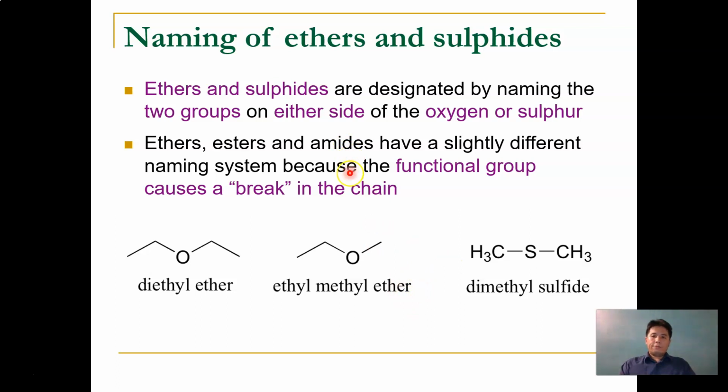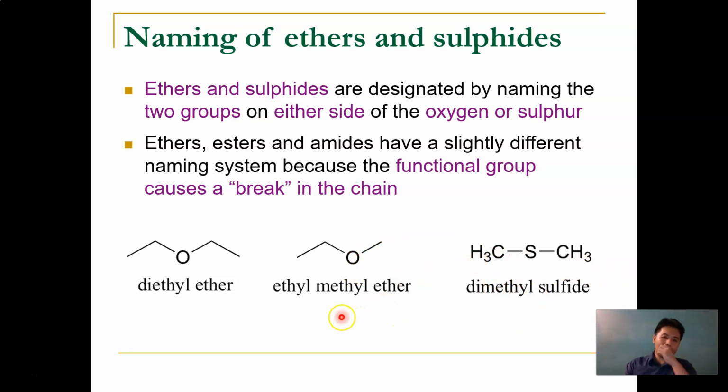Okay, ethers and sulfides. These two functional groups have a break in the chain. So the important thing to note is that you name the groups on either side of the chain. So this is an ethyl, this is an ethyl. So that means this one is diethyl ether, this one is ethyl methyl ether, and this one is dimethyl sulfide.